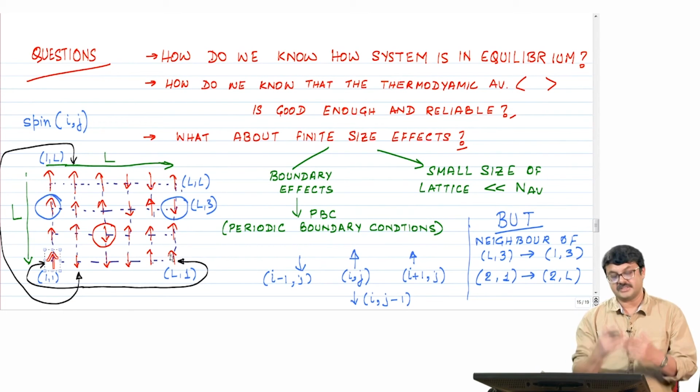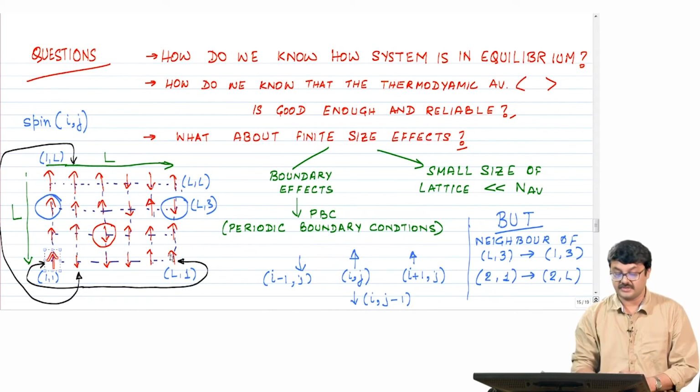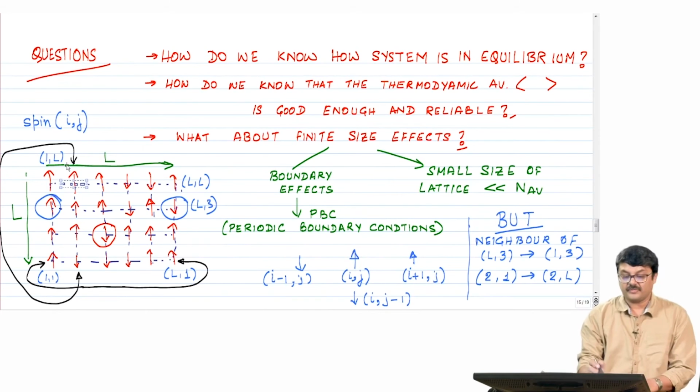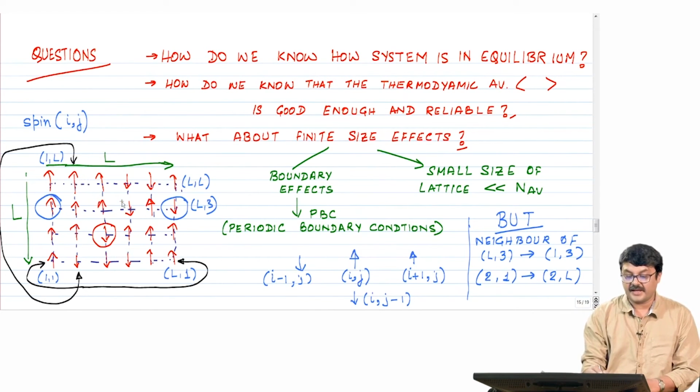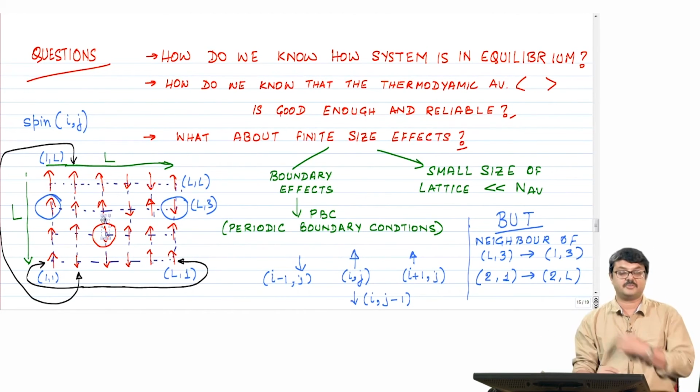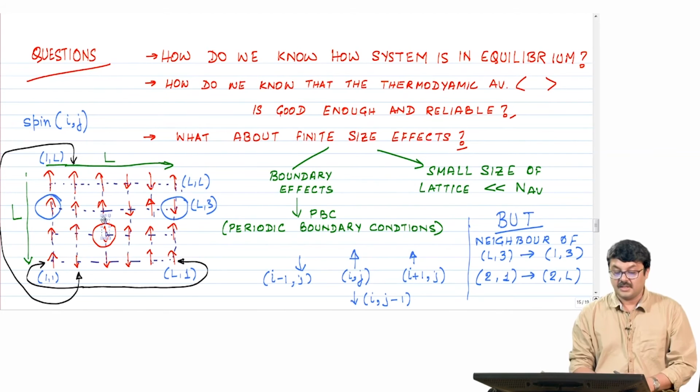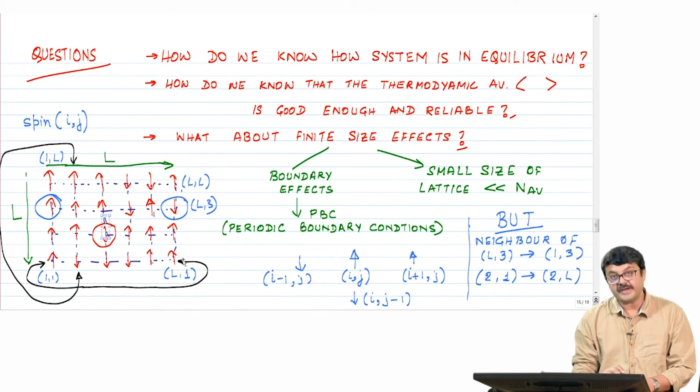You must have used periodic boundary conditions also in your theoretical courses. Of course, this one has this neighbor, this neighbor, this neighbor and this neighbor. So, there is not a problem at all. This is how we get rid of boundary effects in simulations.